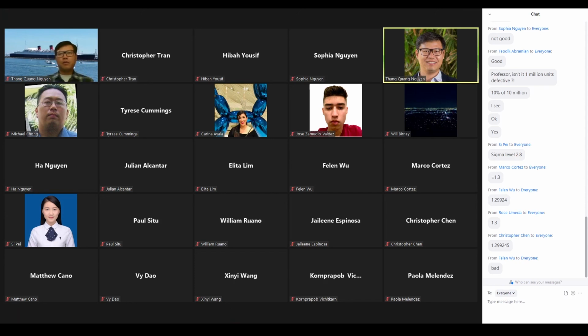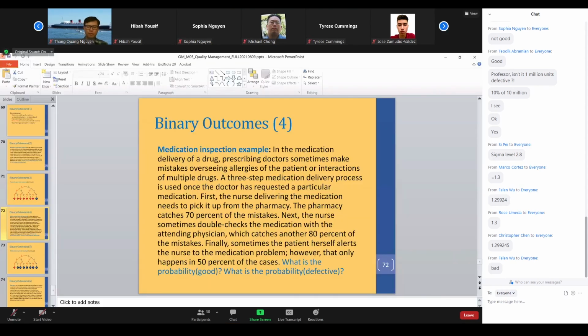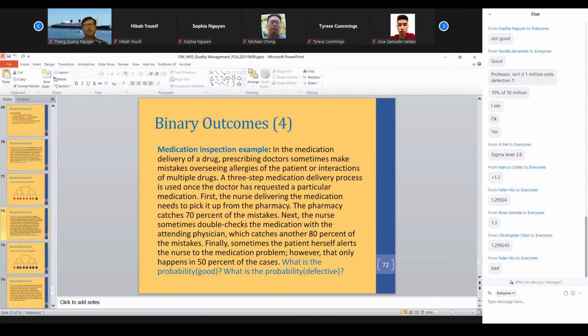It goes as the following. Let me share. In the medication delivery of a drug, prescribing doctors sometimes make mistakes overseeing allergies of the patient or interaction of multiple drugs. You know what? Whenever you visit a doctor's office, they will give you a questionnaire where they ask you if you have any allergies, if you have any medication right now, right?